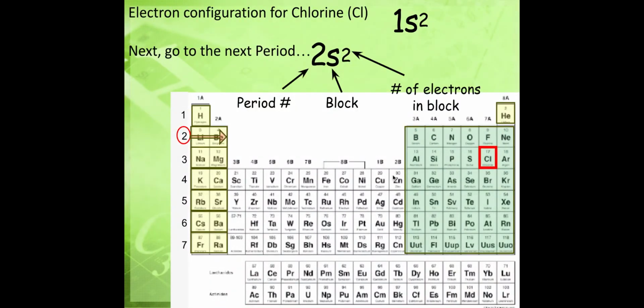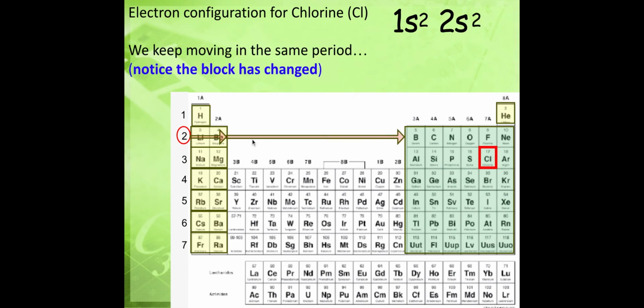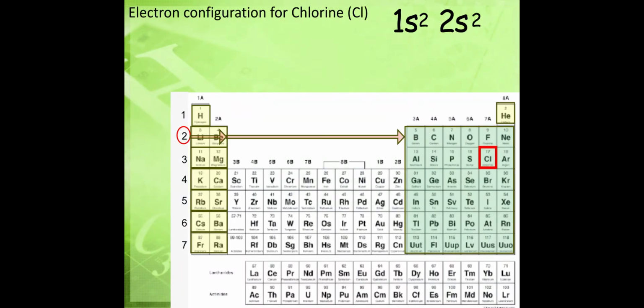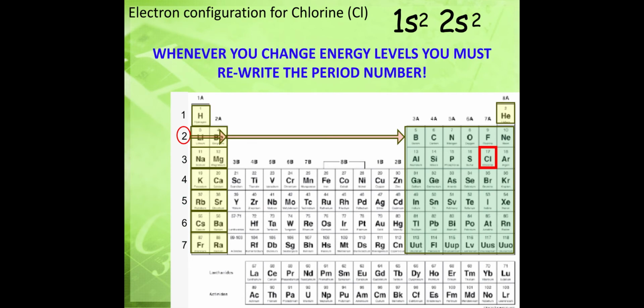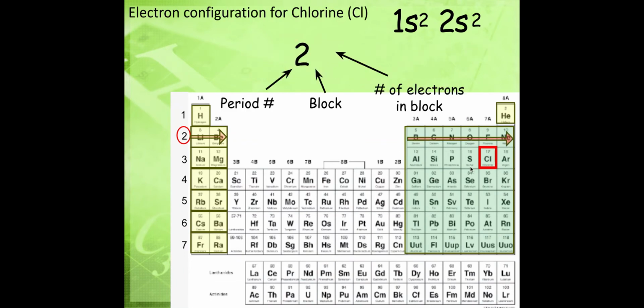Okay. By the time we finish with beryllium, that same energy level is going to touch the P block now. We are now with the P block. So we write another 2. Whenever you change energy levels, you must rewrite the period number. Okay. So you write another 2.